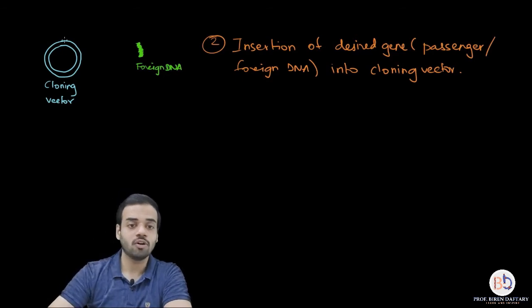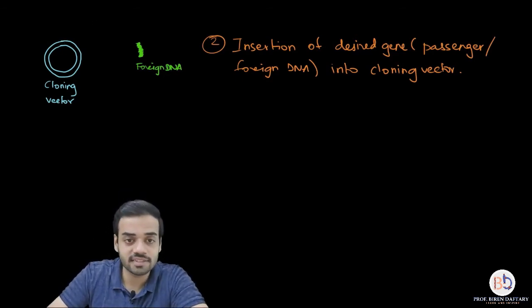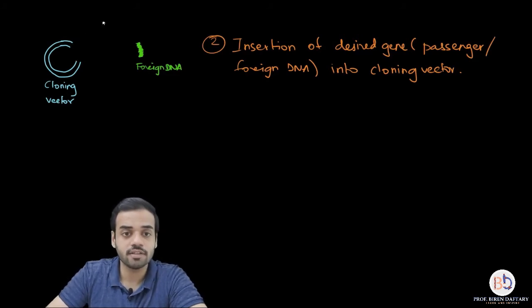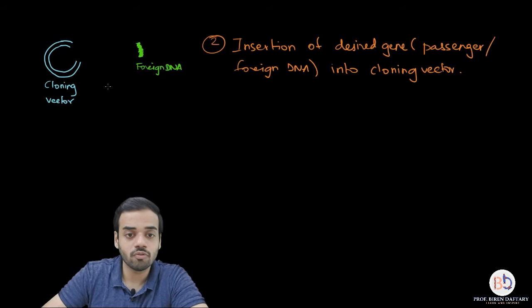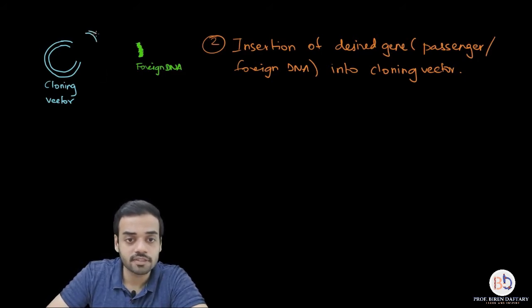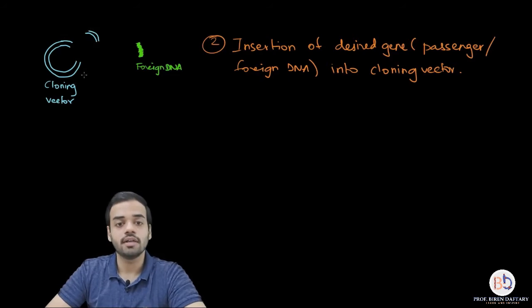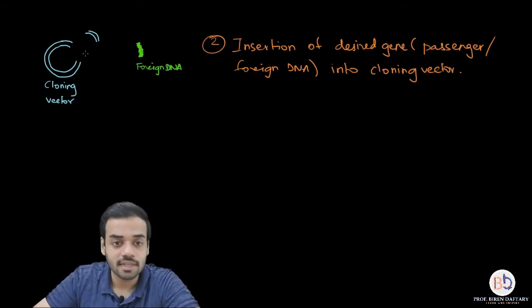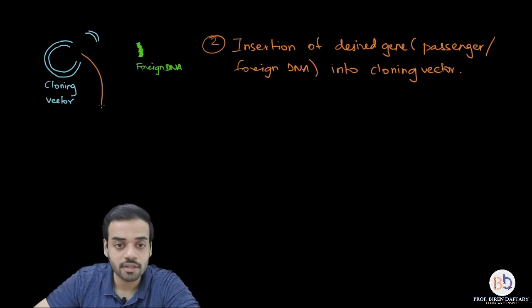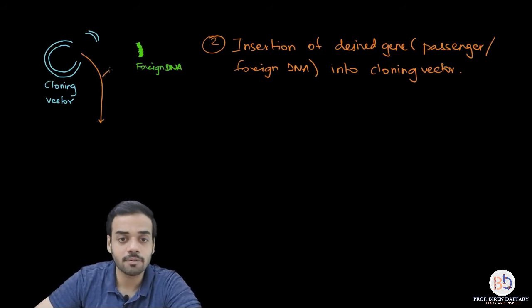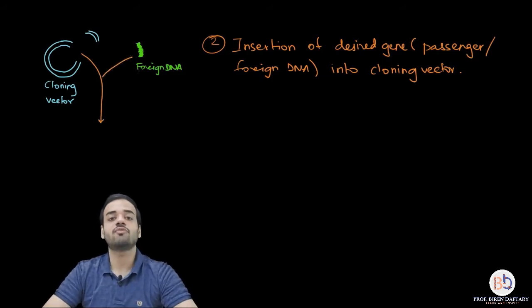Now with that same restriction enzyme, we will cut the vector. I will show you: this is the piece which has been removed. Now this is your cloning vector which has been cut with the help of the restriction enzyme, and this is your foreign DNA.